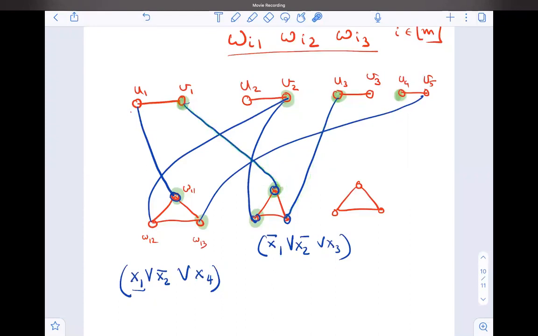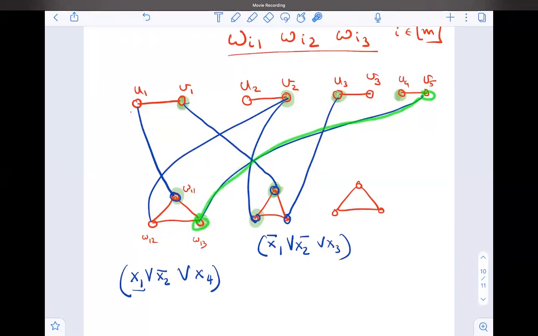If V4 is not picked up, can this technically be not covered?